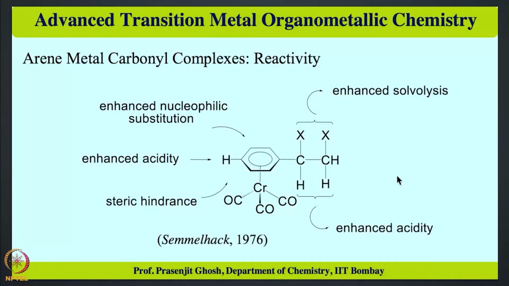So, we are going to discuss this in a bit more detail by looking at the structure, and there has been convergence on the type of reactivity these arene metal carbonyl complexes show, depending on the part of the arene ring which one is looking at. So, I will illustrate this with this beautiful example.